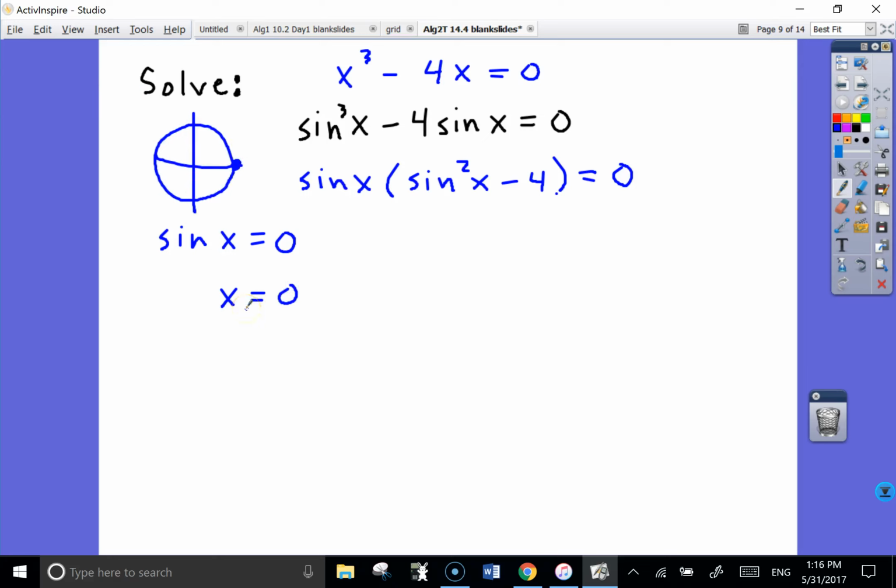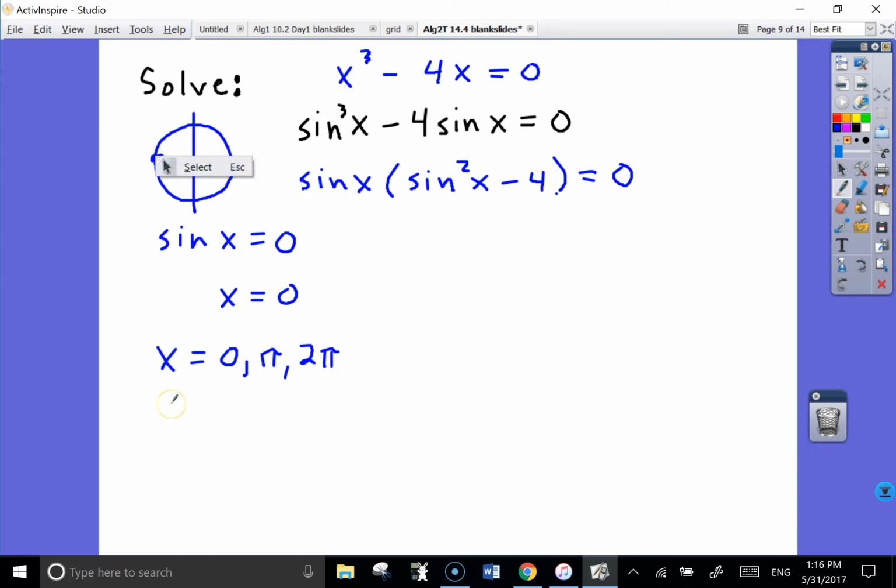Now, they didn't give us an interval, so we have to put in all the values. That could be 0, it could be pi, it could be 2 pi, because it doesn't have to go around 2 pi to get that same value. It actually gets a value of 0 at pi.